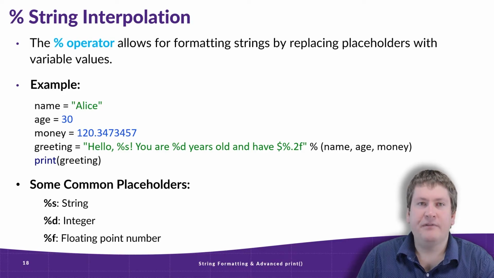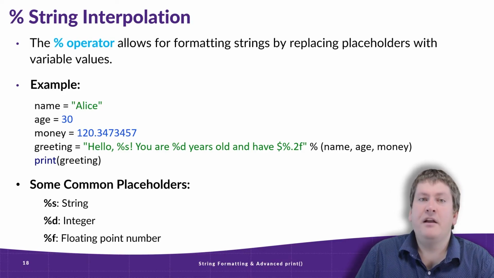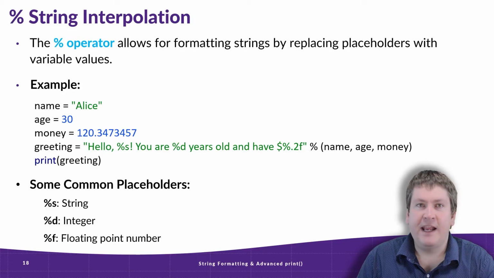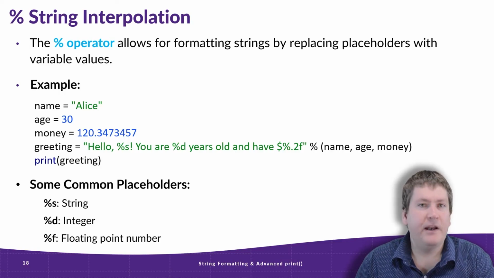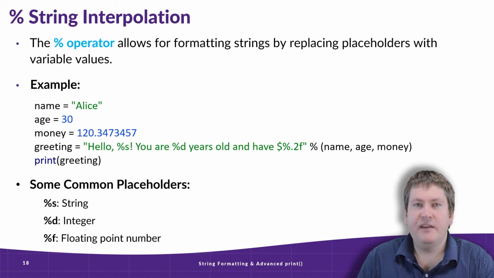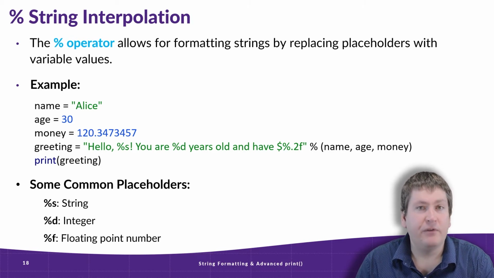And we can see an example of that on the screen right now. So we have a name set to Alice, an age set to 30, and money set to this amount here that we saw from the previous example. Now, on the next line, we have greeting equals, and it looks like a normal string, except in this string, we have a few interesting placeholders. There's %s, %d, and %.2f.